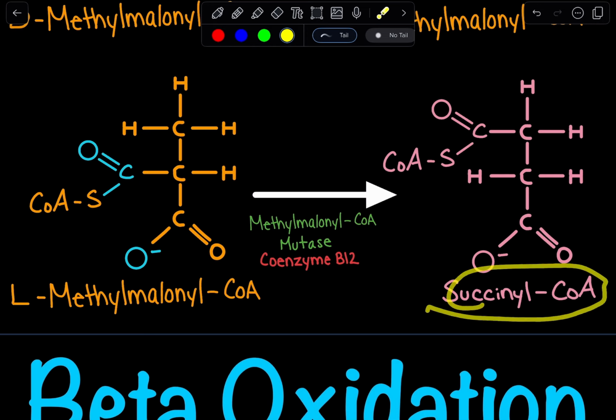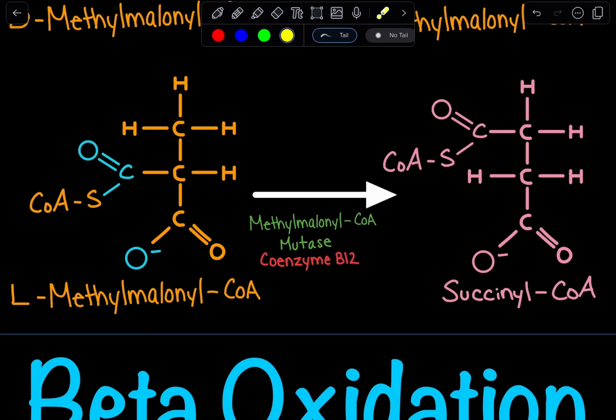So this succinyl-CoA, it's going to enter the TCA cycle, and it's going to move through the TCA cycle, and it's going to move through the anaplerotic reactions as well, because remember, we want a balance of the intermediates in our TCA cycle. So it's going to move through an anaplerotic reaction.